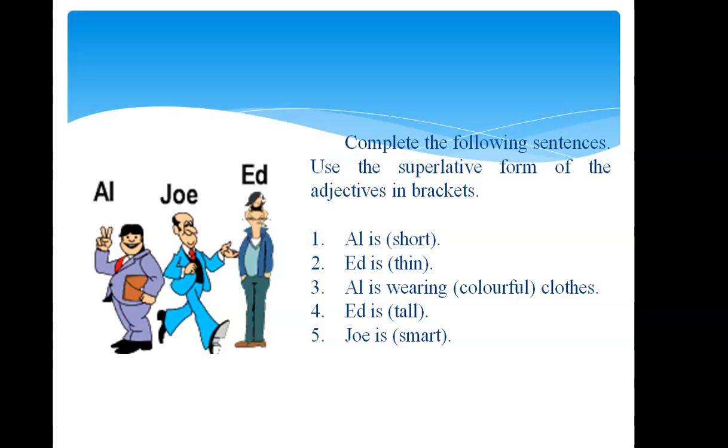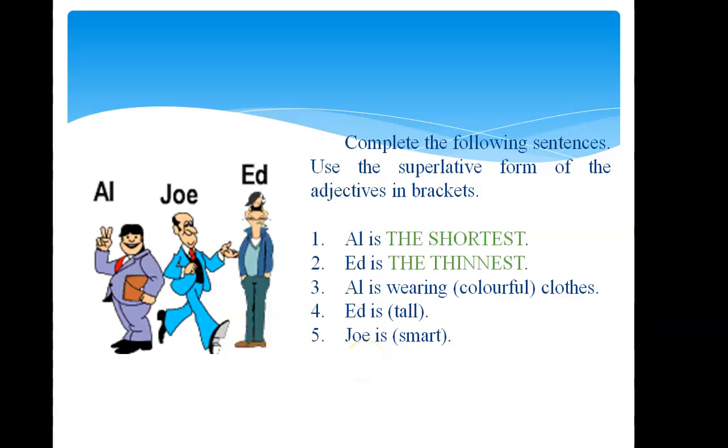Ed is thin. It is the thinnest. Ali is wearing colorful clothes. The most colorful clothes. Ed is the tallest. Joy is the smartest. Let's check. Ali is the shortest.